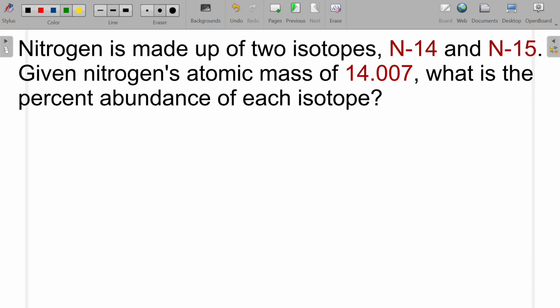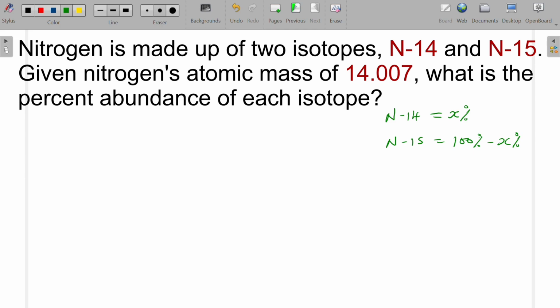Now, since we understand that the sum of isotope percentages must add up to 100, let's say for N14, isotope 14, its percentage abundance is going to be X. So let's call it X%. It means for N15, its percentage abundance will be 100% minus the percentage of the first isotope, which in this case we are saying is X%.